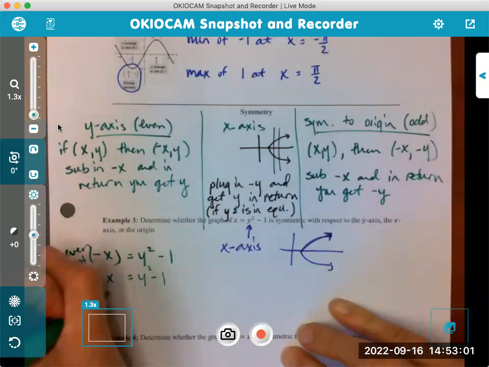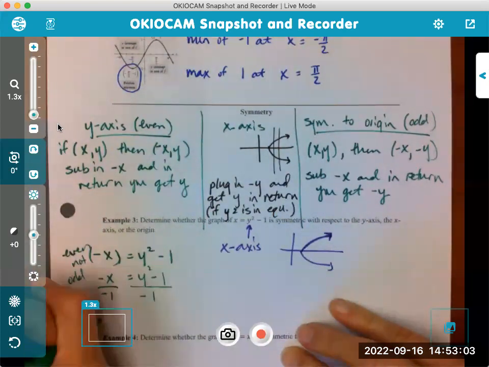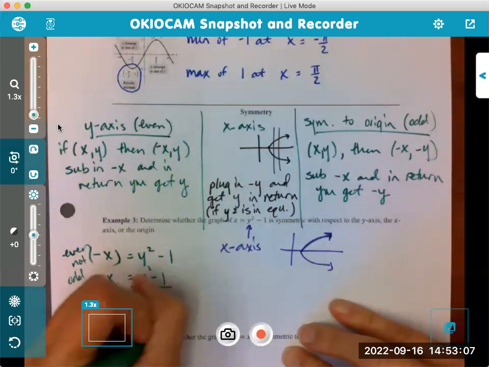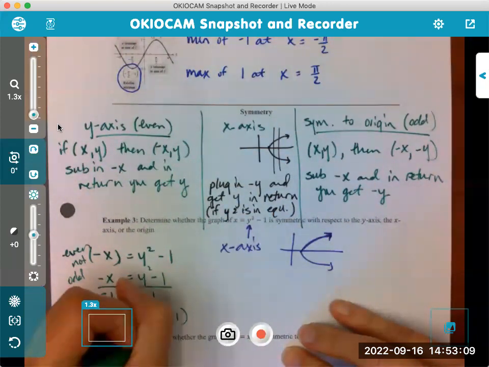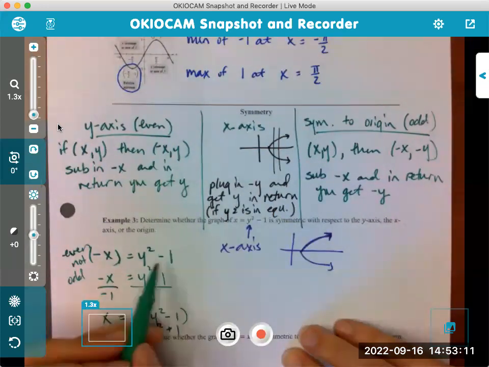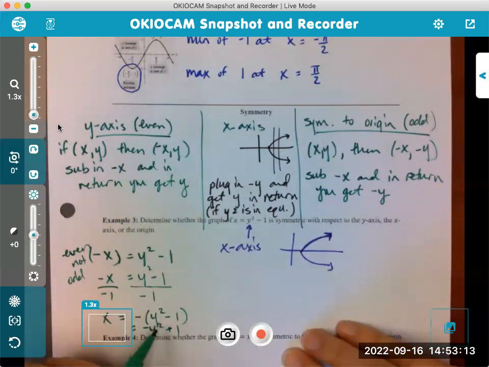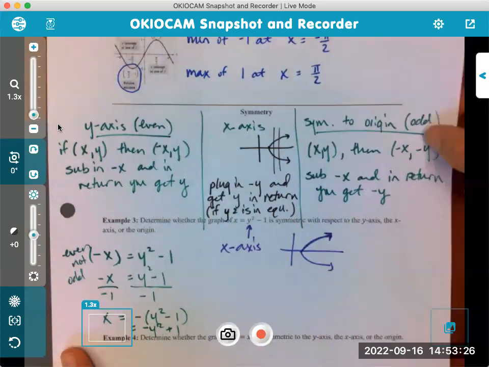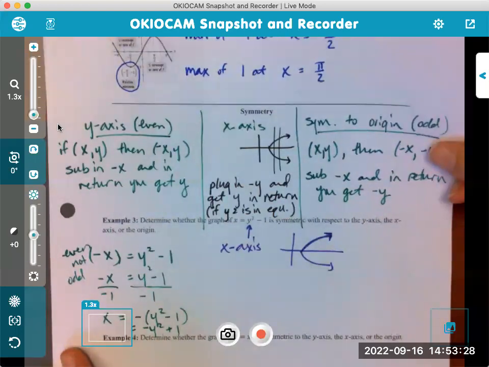If I divide by negative 1, then x equals negative y squared plus 1, which is not what we started with, and it's not the exact opposite of what we started with. So it's the third, x-axis. Again, the quickest way to determine that is that it's got that y squared in there.